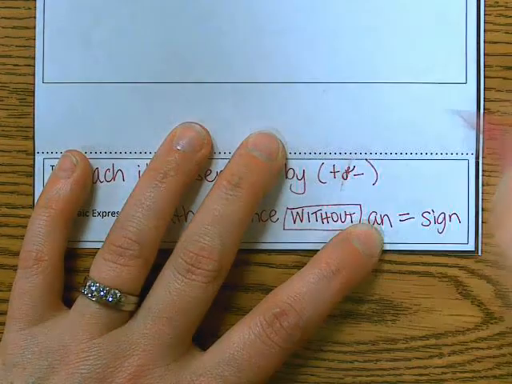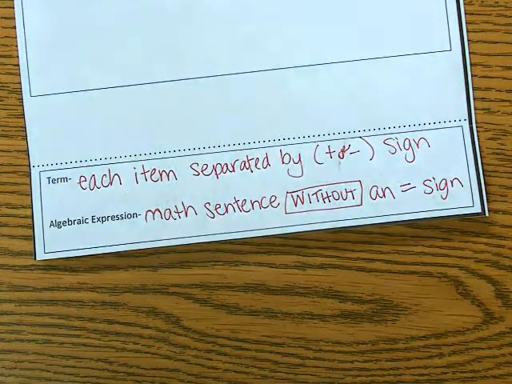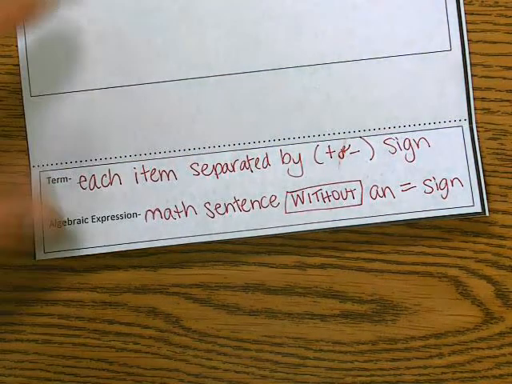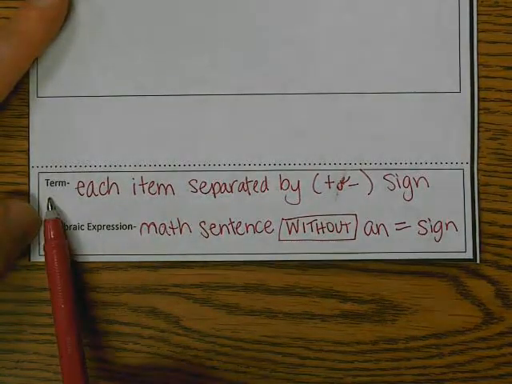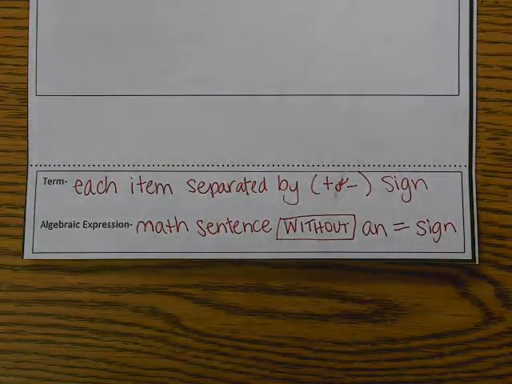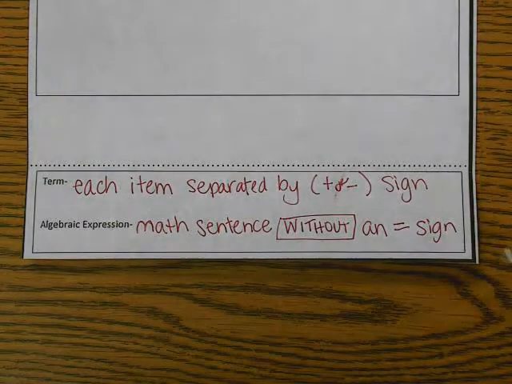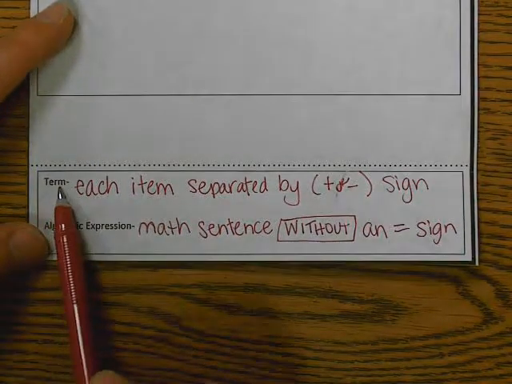Okay? So an expression is separated into terms, and a term is separated by the plus or minus signs. If we're talking about an expression in language, that's a sentence, and then each sentence has words. And so the parts of an expression are called terms.